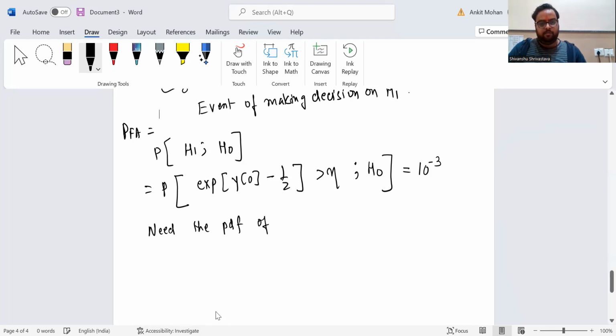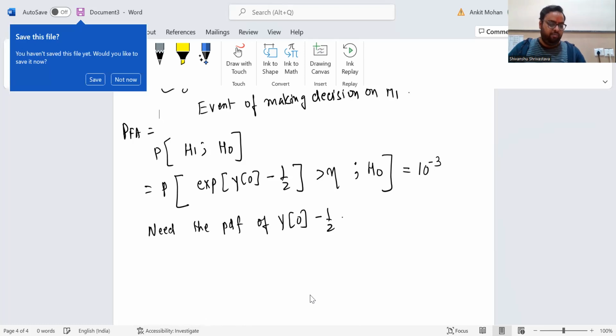Okay, so now for making this calculation we need the PDF of y naught minus 1 by 2. Okay, and that will be difficult. Finding the PDF of, we can solve it with the PDF of y naught minus 1 by 2 also, but we can make certain mathematical manipulations.